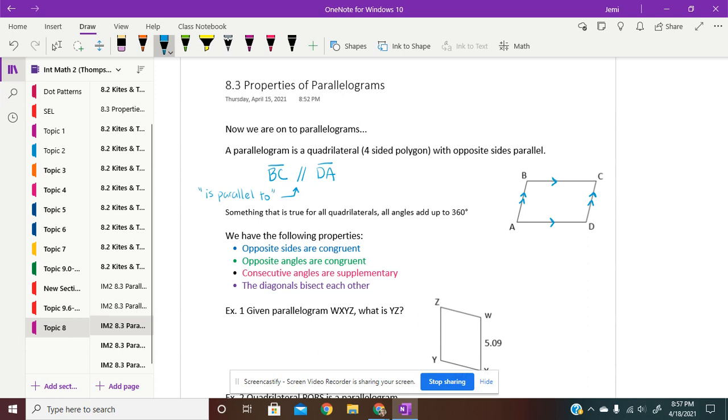So BC is parallel to DA, and similarly, if we were to write the other pair, the ones that are a little bit more vertical, like the AB, AB is parallel to CD. So in a parallelogram, I've got two pairs of parallel sides.